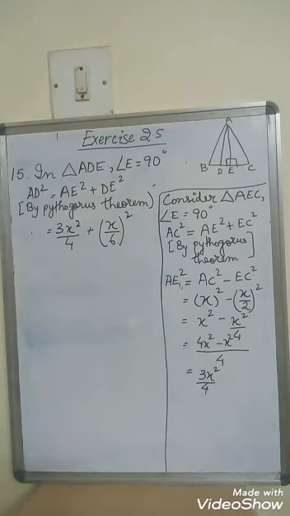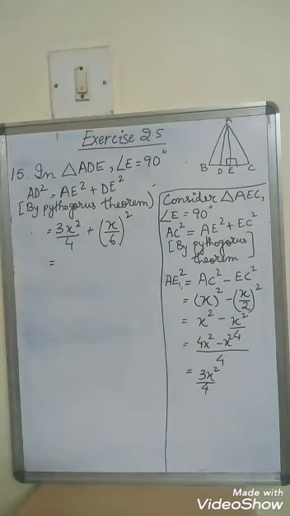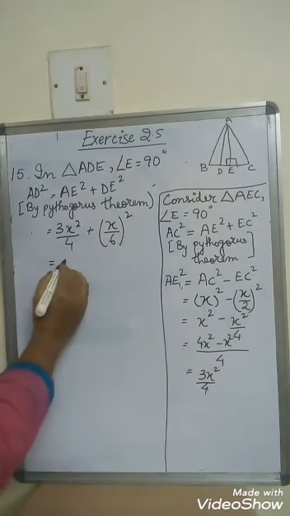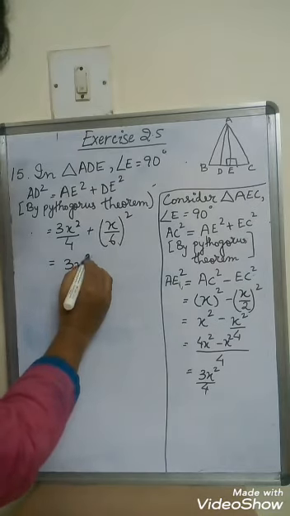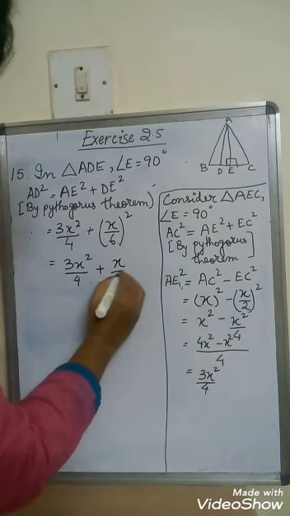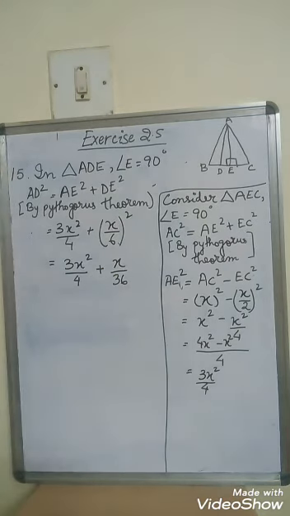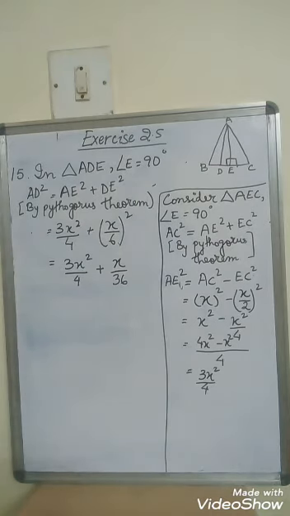So we have to find the value of 3X square by 4 plus X square by 36. Now this is AD square for us.